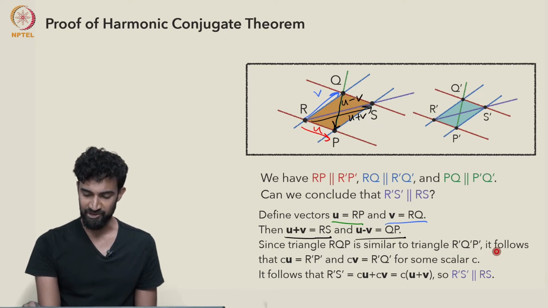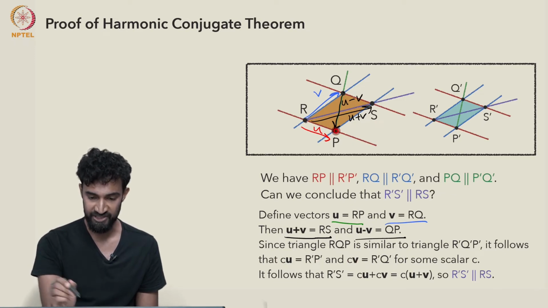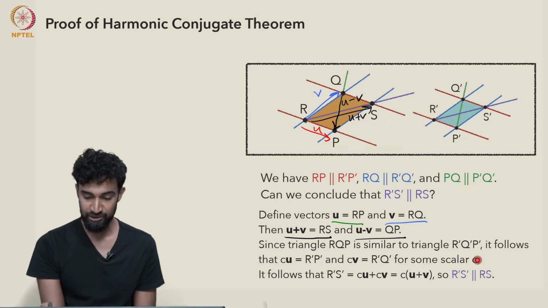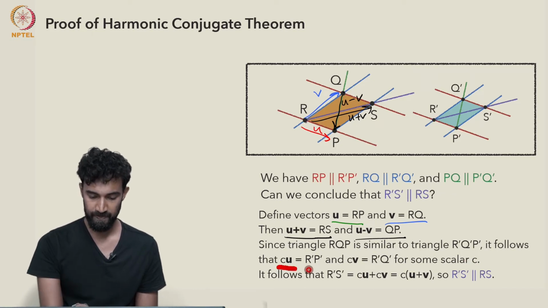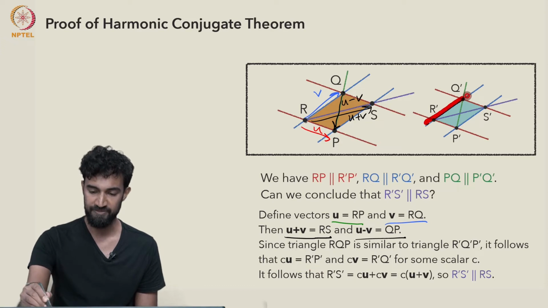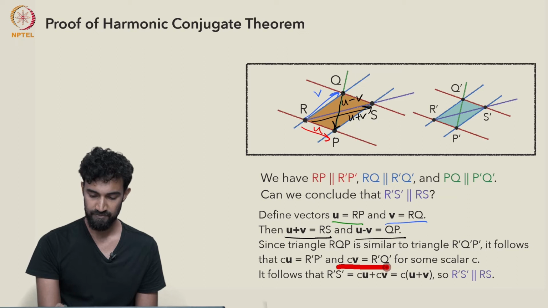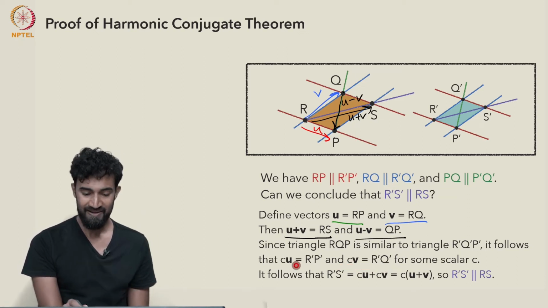So because they're similar, it follows that, since u is the vector RP, there has to be some scalar multiple c such that R prime P prime is just c times u. And R prime Q prime is just c times v. So there's some scalar c that relates these two similar triangles and gives us these relations.